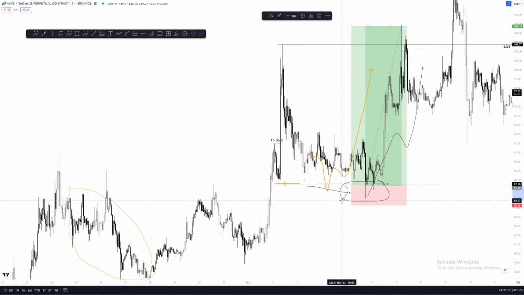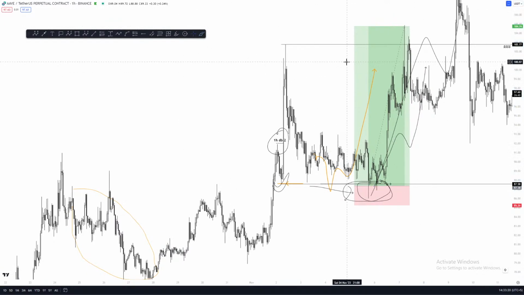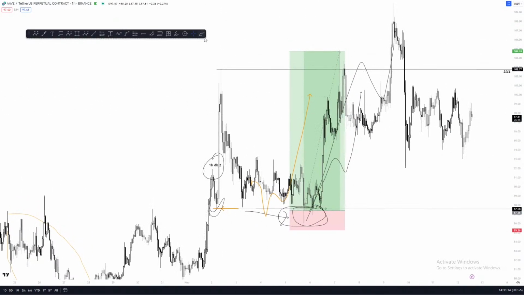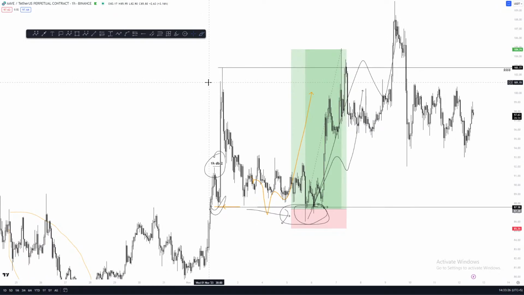And what did the price do? Perfectly the same thing. Why? Because it was a DB2, and below the DB2 a lot of liquidity is lying. So most of the time price just liquidates this guy and after that moves in that direction. So we secured a lot of R over here, around about 8R. So if you guys followed this one, good for you guys. Okay, so AVA already went in my direction, hands down.